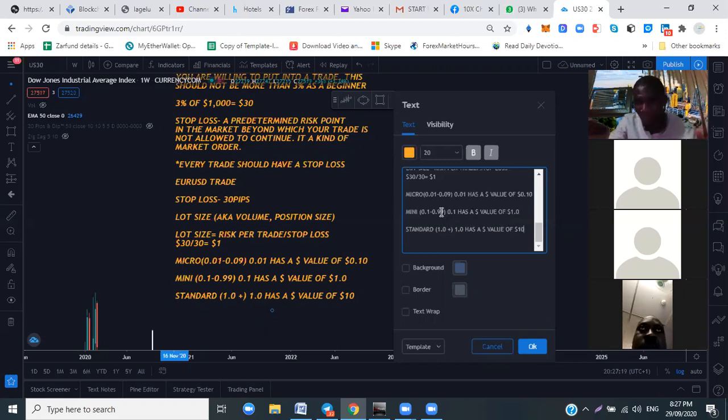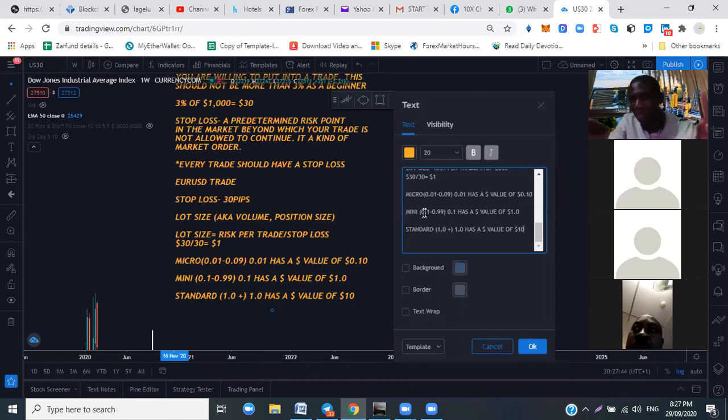That would be $5. Great. So if we have a standard lot of 2.0, what will be the dollar value? That will be $20 per pip. Yeah, so that is a standard lot.